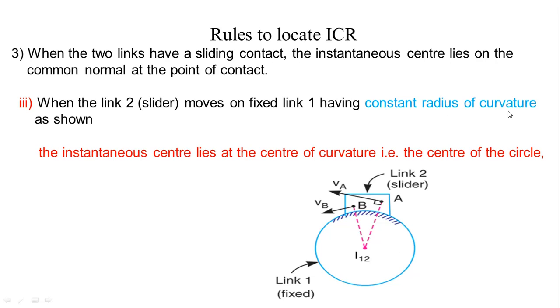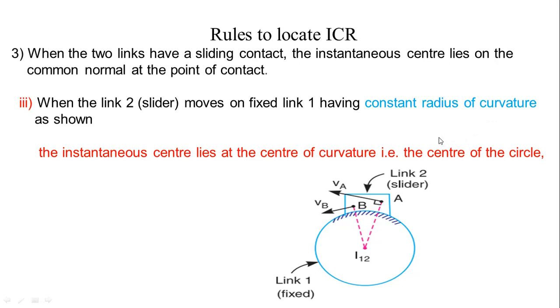So in this way, we have seen how to locate the ICR when there is a turning pair, when there is a rolling pair, and when there is a sliding pair having a straight surface, a curved surface with some unknown radius, and a curved surface with a constant radius of curvature.